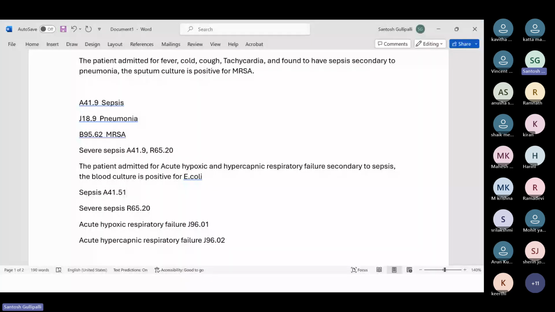Next, in the same example, I deleted "secondary to sepsis" and changed it to "and". The patient is admitted for acute hypoxic and hypercapnic respiratory failure and sepsis.